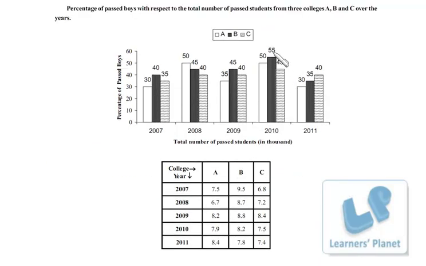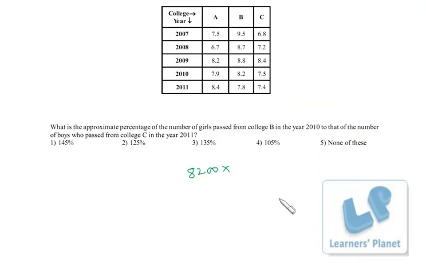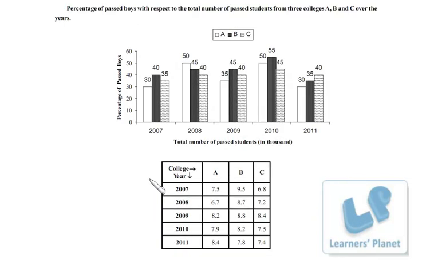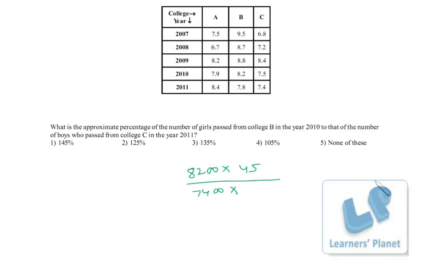So boys percentage is 55, so girls percentage must be 45, right? So 45% of this. Number of boys who passed from college C in year 2011: total strength is 7400, and boys from college C passed is 40%, right? So this is the calculation we have to make.